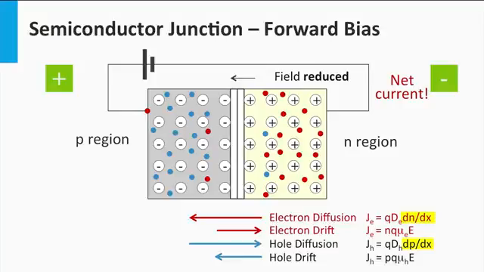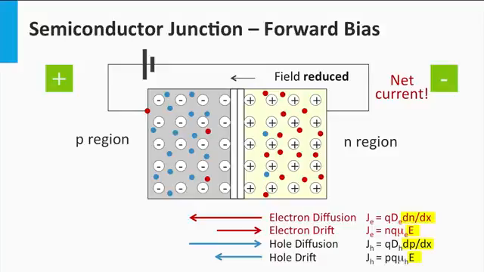On the other hand, the electric field E is reduced, which means that the current density related to drift is getting slightly smaller. Note that the effect of the increased flux due to diffusion is much larger than the small change in drift. This means that we generate a net current over the depletion zone.